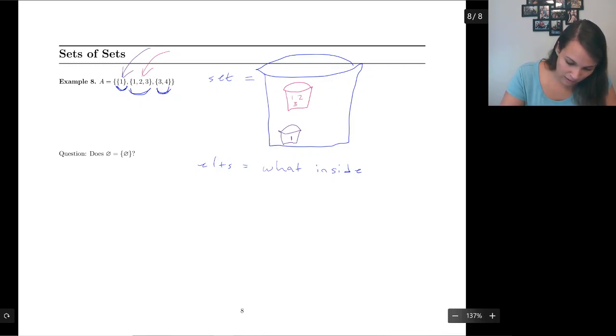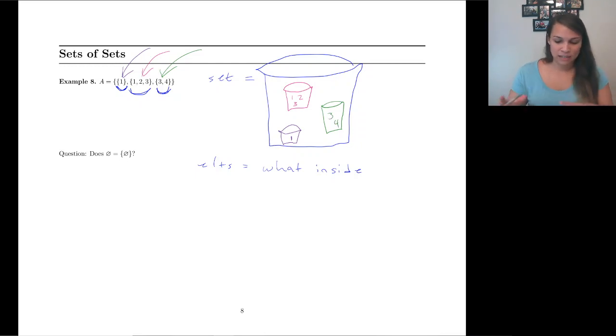And then the last one would be a trash can with 3 and 4. So each of those colored trash cans inside the blue trash can would be the element in the set. I feel like that's kind of okay for most people, and then things get really wonky when we start putting the empty set inside of things.